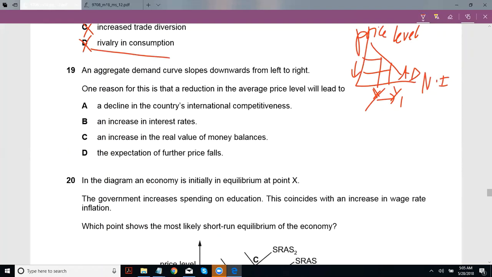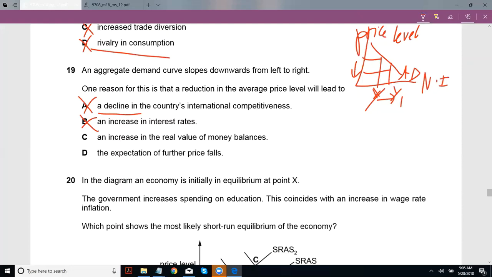Average price level decrease does not decline the country's international competitiveness? A decrease in price level should increase the competitiveness because the prices of exports go down. An increase in interest rates? That just makes no sense. What's the link between price levels and interest rates?